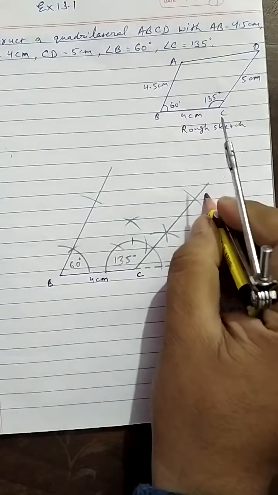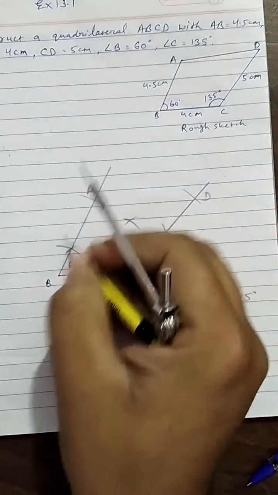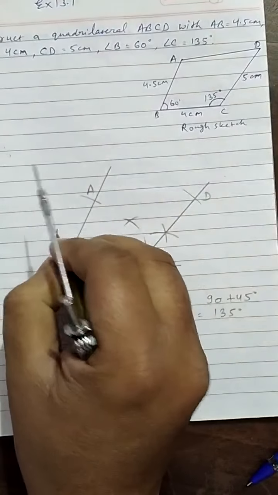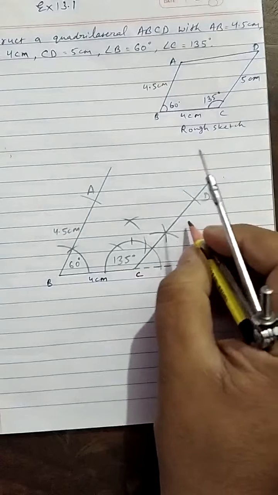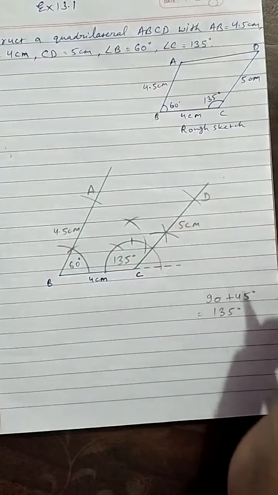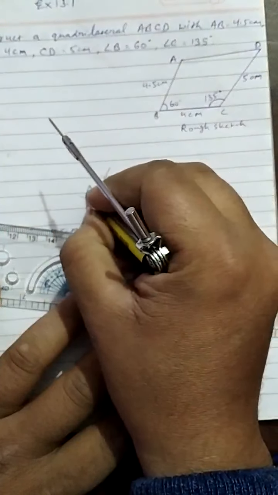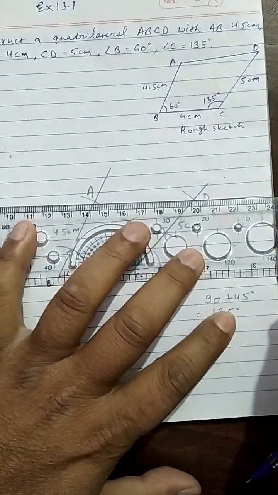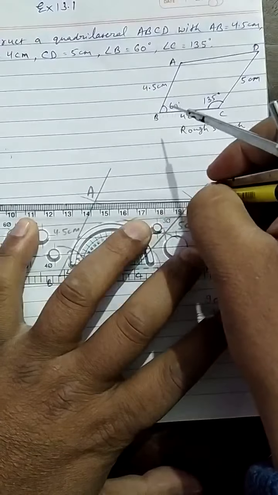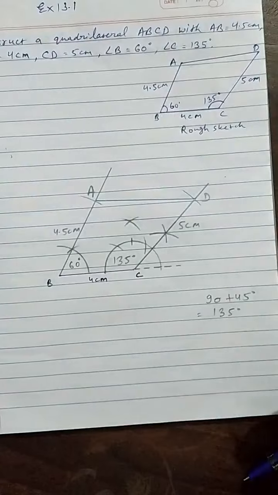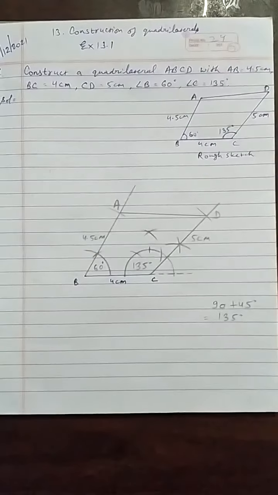This is point D, this is point A. Right here 4.5 centimeters, and right here 5 centimeters. Now join AD. This is the required quadrilateral ABCD.